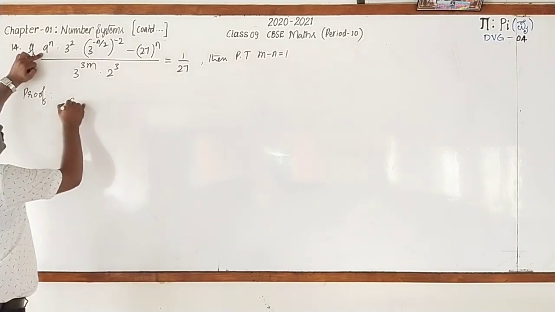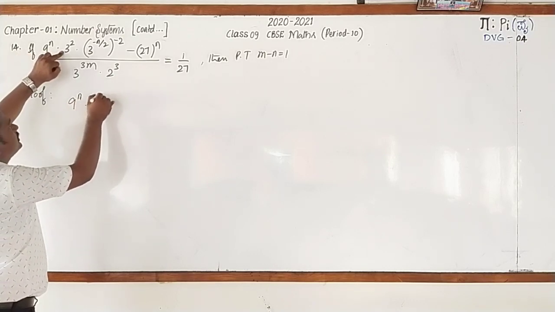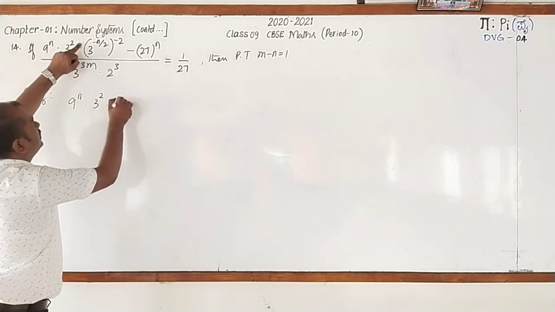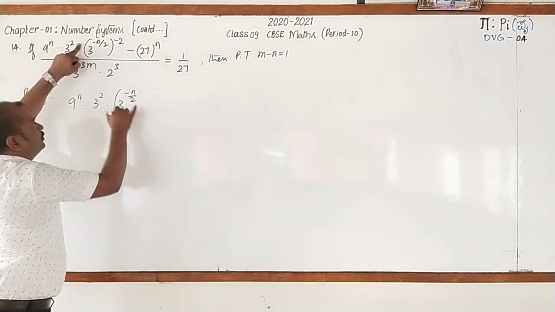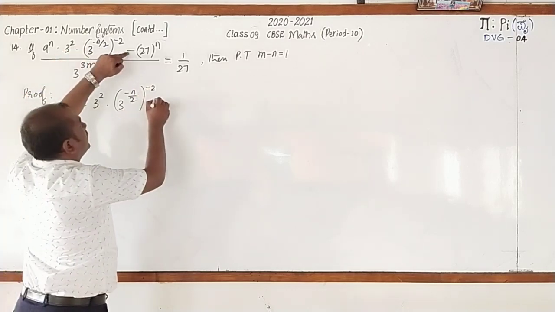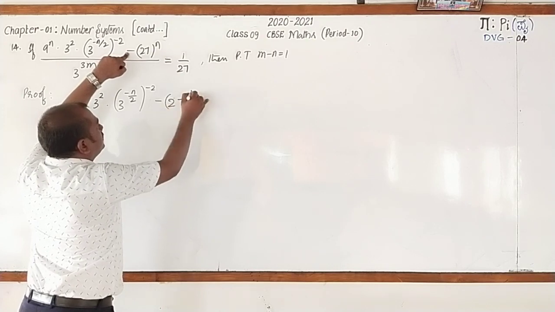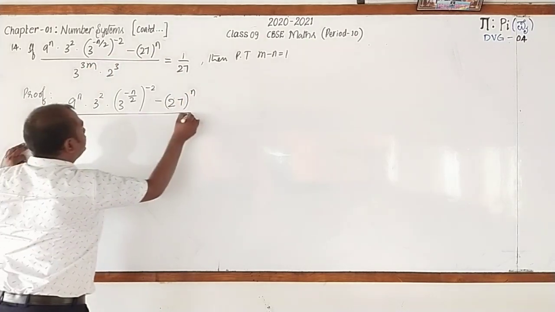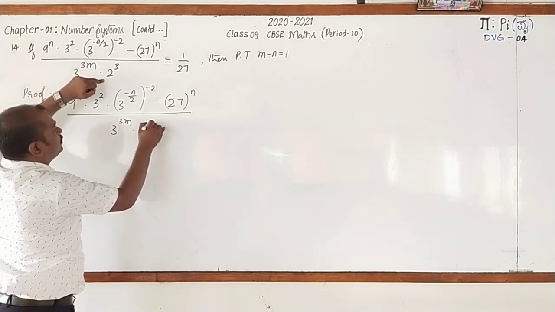So now for proving that, I go for taking the whole statement, both LHS and RHS. It is 9 raised to the power n into 3 square into 3 raised to the power minus n by 2 whole raised to the power minus 2, minus 27 whole raised to the power n, whole divided by 3 raised to the power 3m into 2 cube.